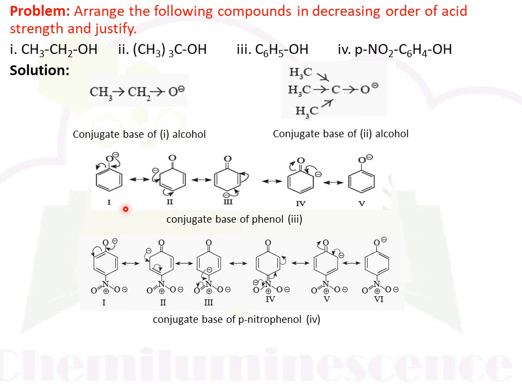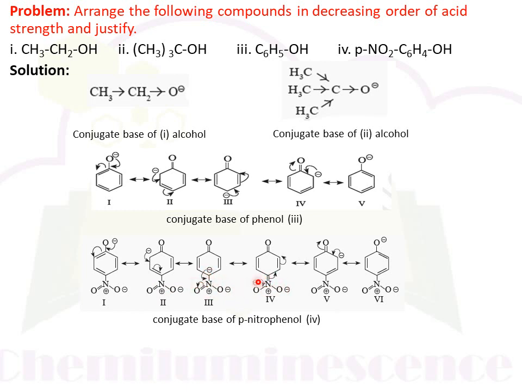This structure shows the resonating structures of the conjugate base of phenol. Here you can see the negative charge is delocalizing over the ring due to the resonance effect, which gives a stable conjugate base. If you compare it with the conjugate base of para-nitrophenol, the nitro group is present at the para position, and because of this the resonating structure gets extended.